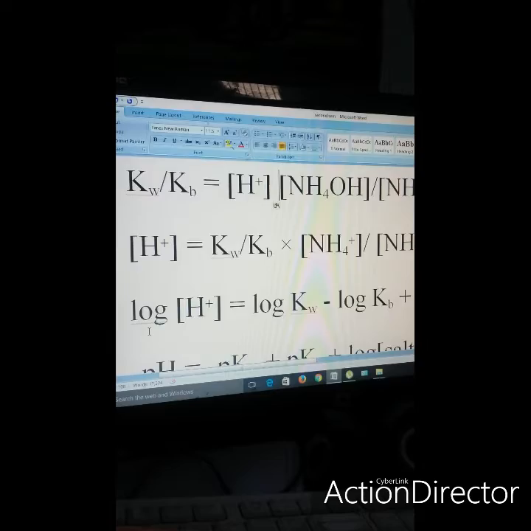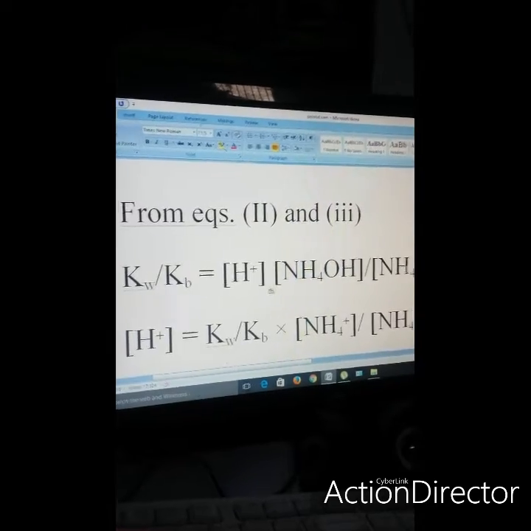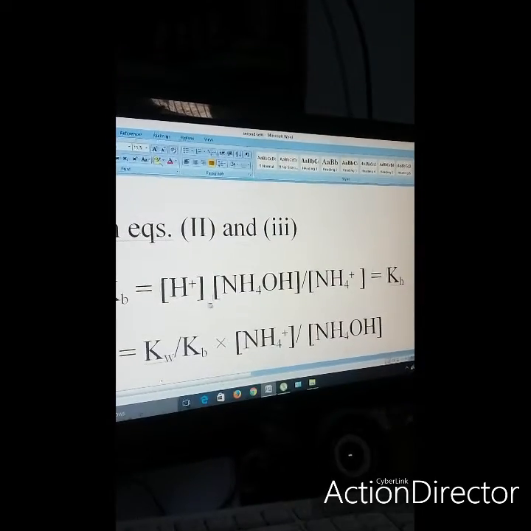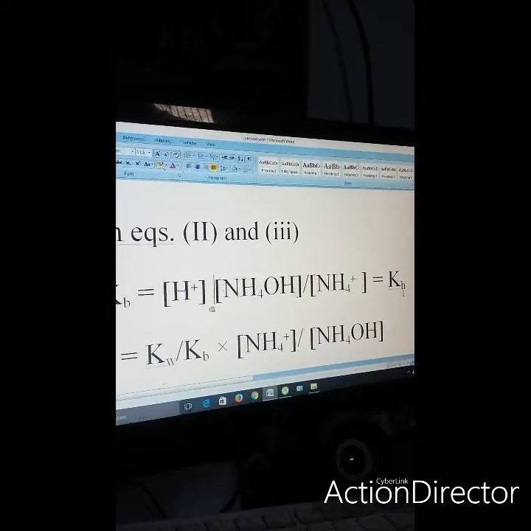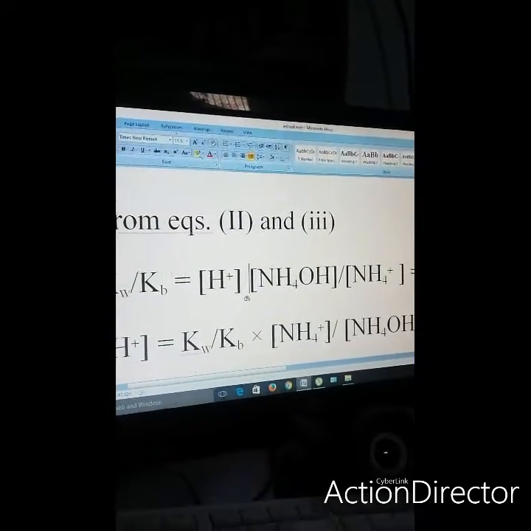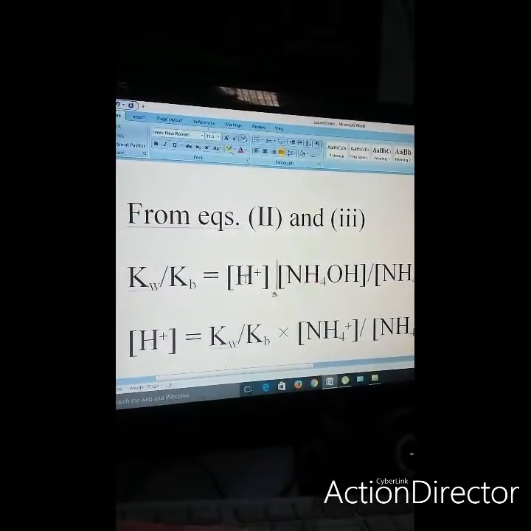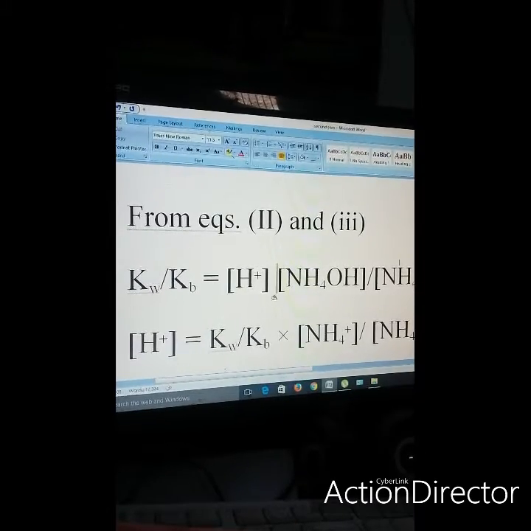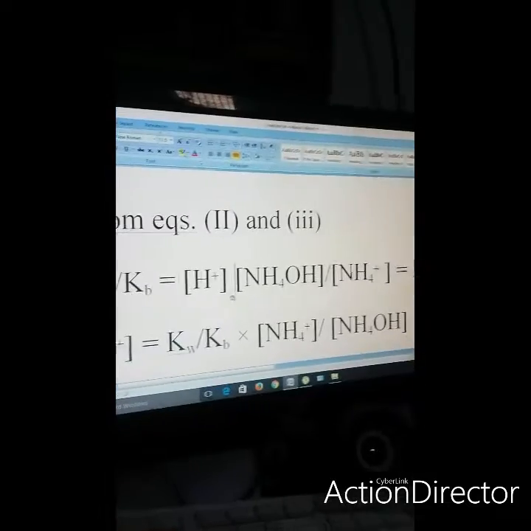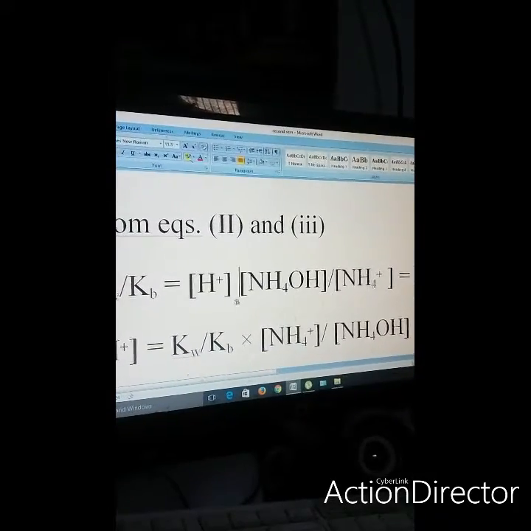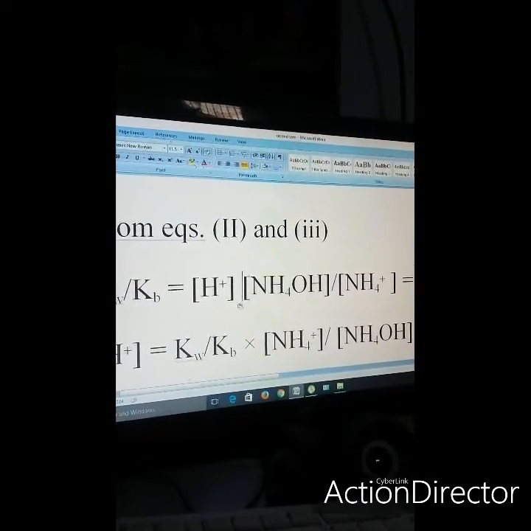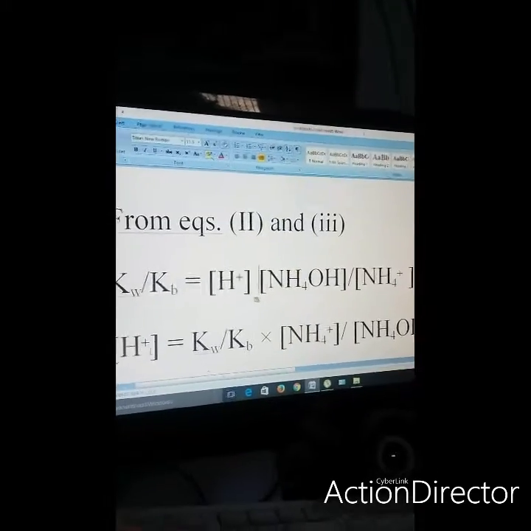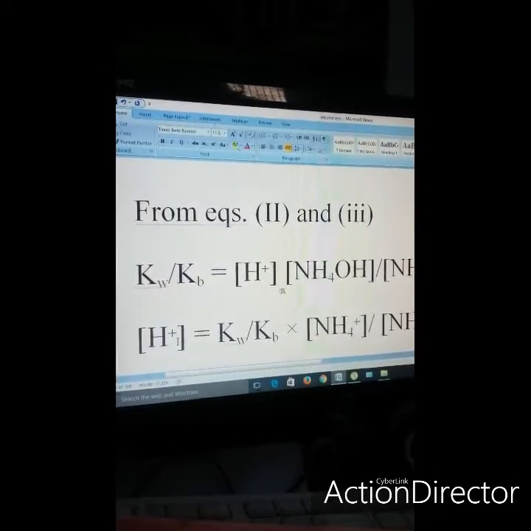On taking the ratio, we get this equation, that is nothing but Kh. Now from this equation you will find the hydrogen ion concentration. So the hydrogen ion concentration will be Kw upon Kb multiplied by the ammonium ion concentration in the denominator, reversed, no? So you get the value of H plus ions.